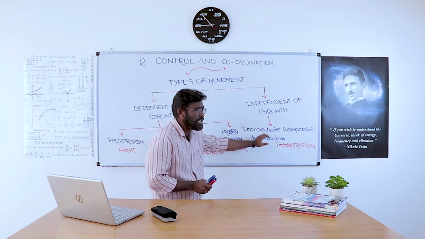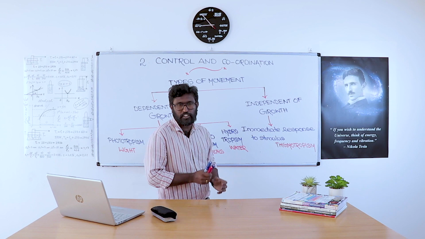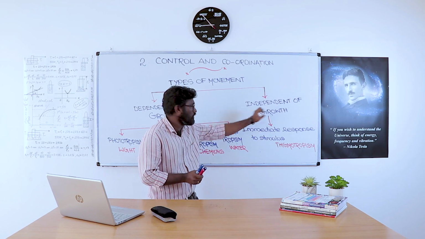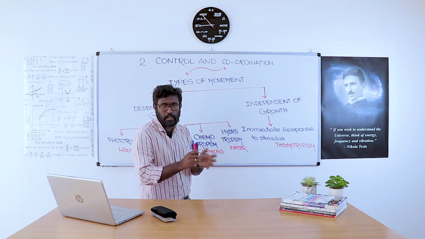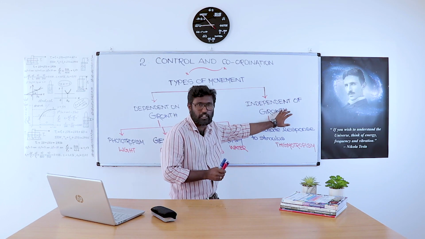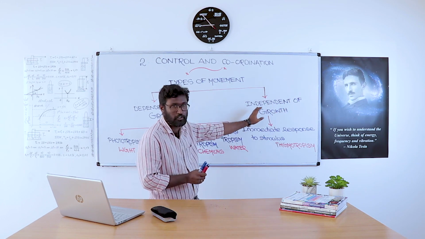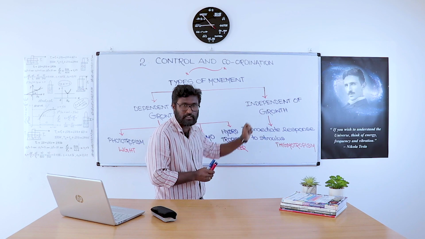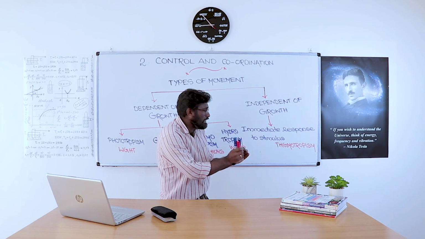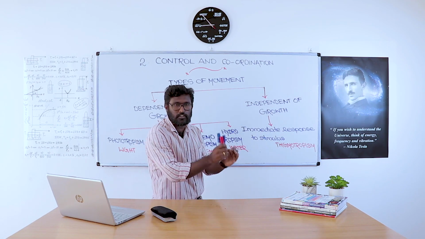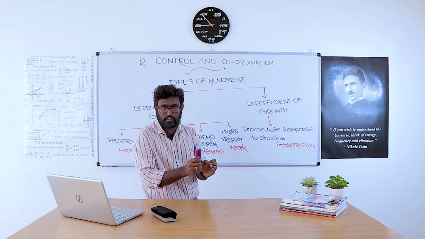It is an immediate response to a stimulus. If a plant movement is independent of growth, it is not dependent on growth, which means that it is an immediate response to a stimulus.